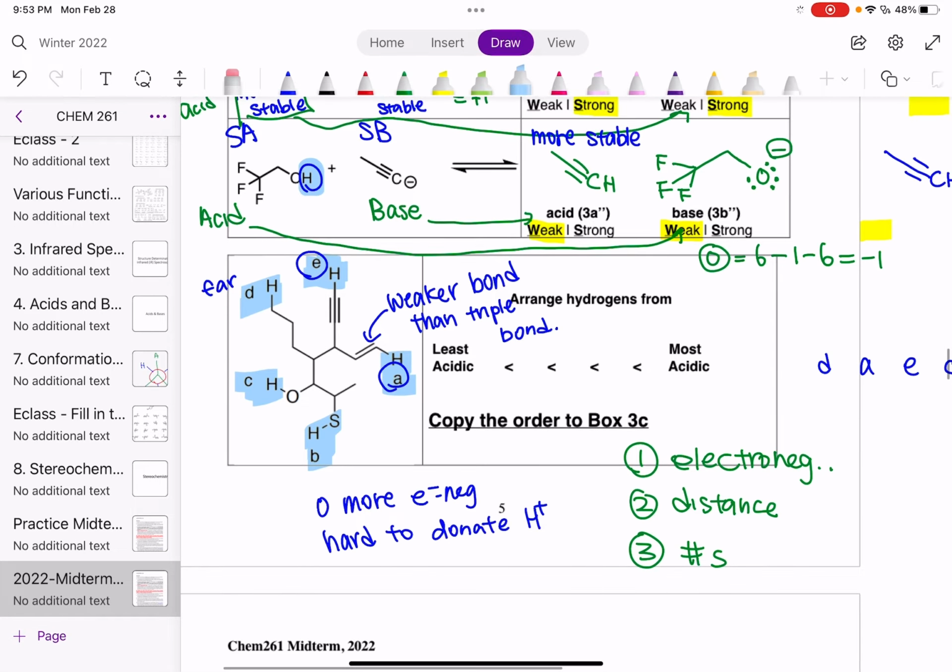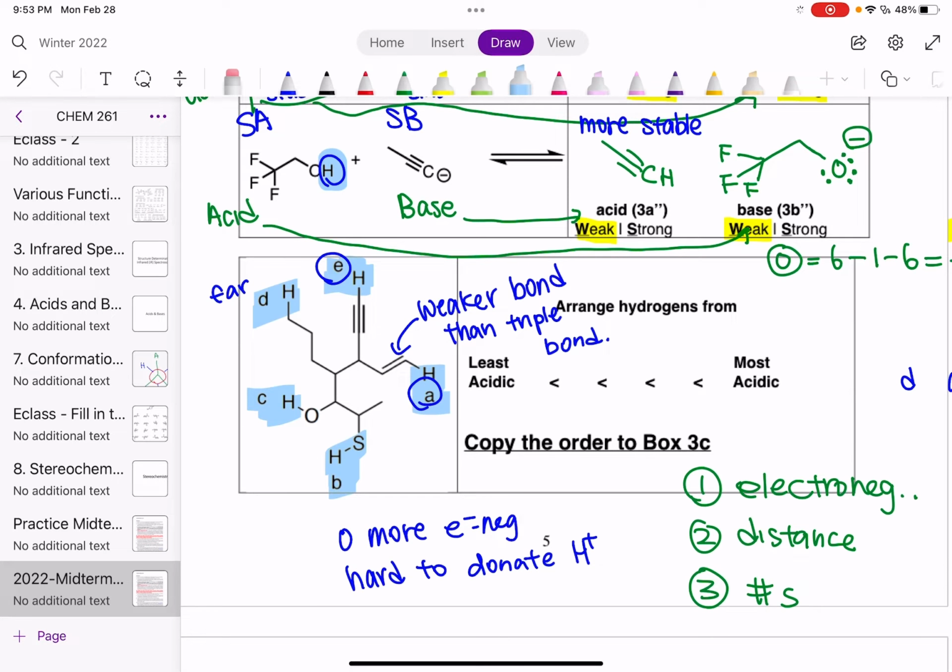So back to here. Obviously we can notice that this is basically the longest, which makes the strength of the hydrogen D to be the least.